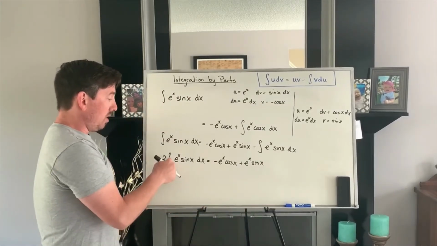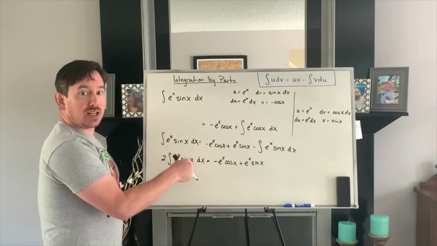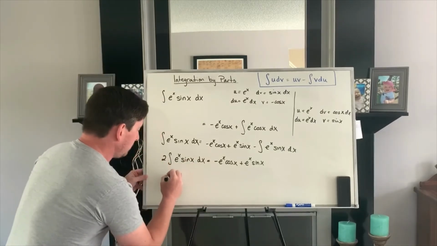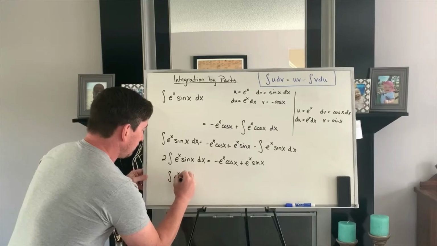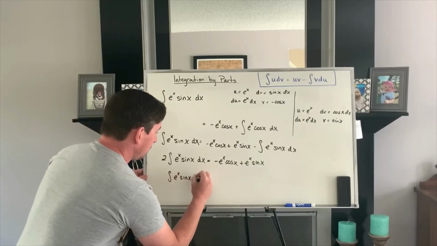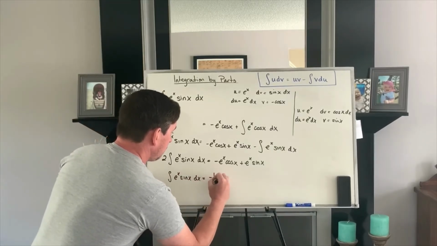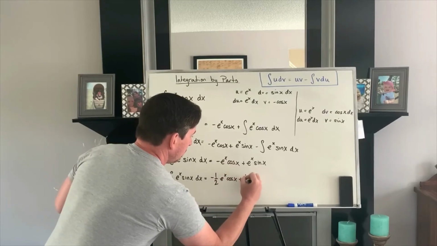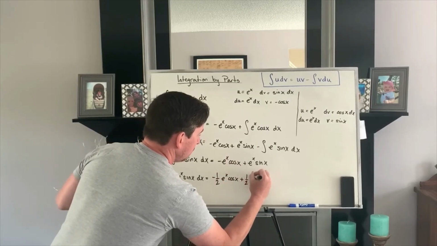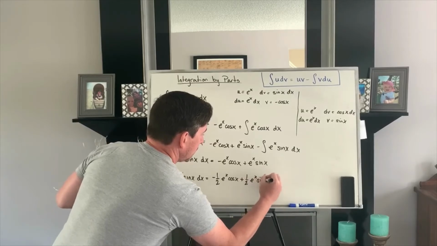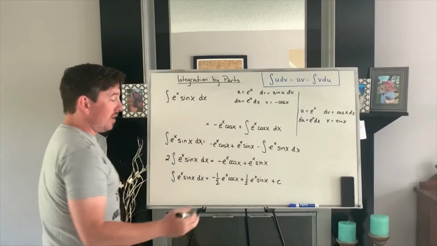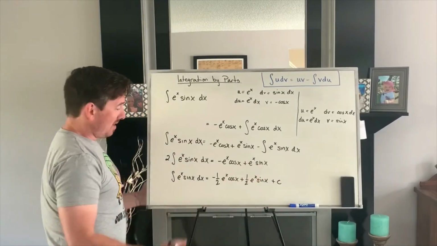So, to solve for the integral of e to the x sine x, I'm just going to divide by 2. And just chuck a plus c on there, even though you didn't actually integrate anything.